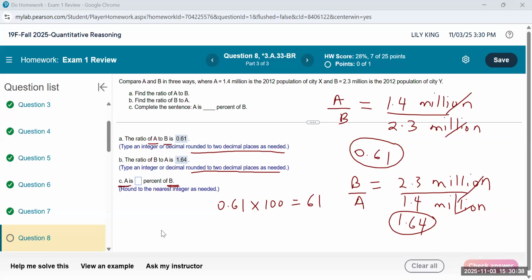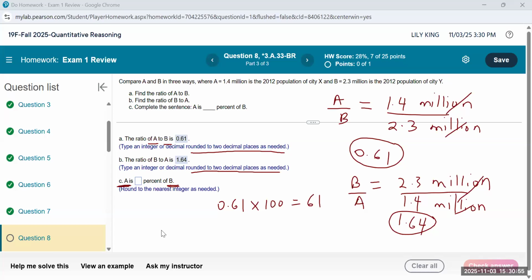Okay. So you take the answer from part A and convert it to a percent by multiplying by what? 100%. Now, if this question were to be B is what percent of A, then we would have taken the answer from part B and then changed it to a percent.